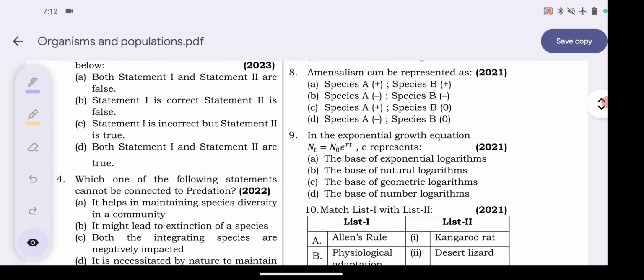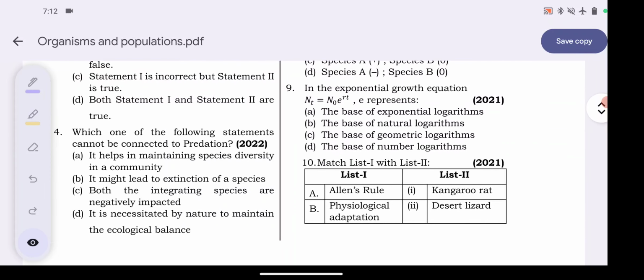Question number 4. Which one of the following statements cannot be connected to predation? Cannot be connected to predation. First, it helps in maintaining species diversity in a community. Second, it might lead to extinction of a species. Option C, both the interacting species are negatively impacted. And option D, it is necessitated by nature to maintain the ecological balance.